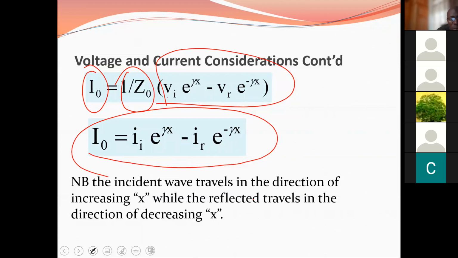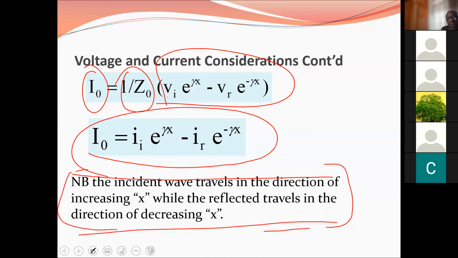And we're noting here, and please put this in red, all right? The negative there and the positive. The positive is just showing increasing X, so it means that we are going away from the source.